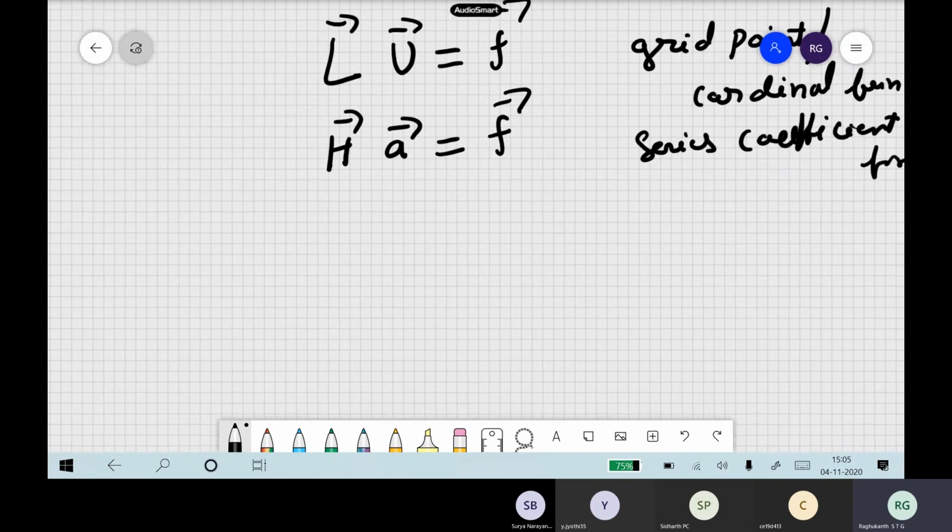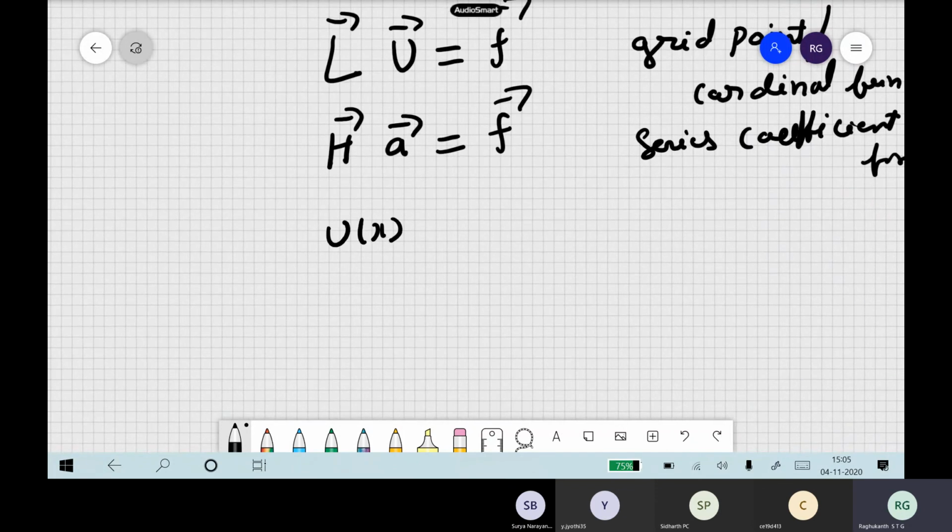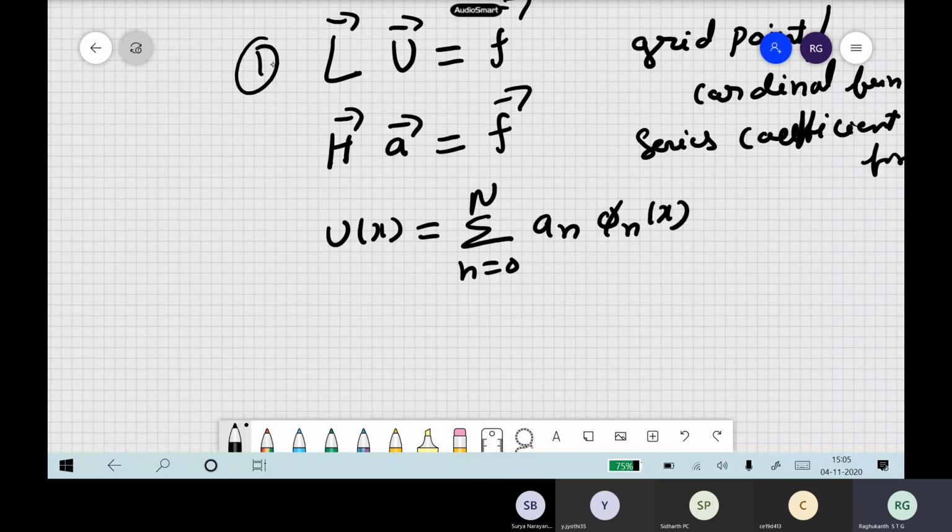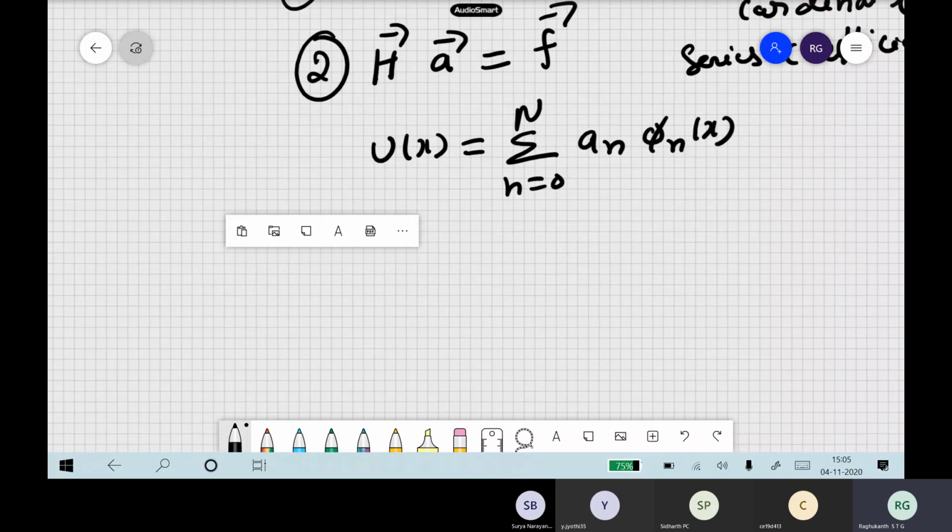As I already told you, u of x is the sum from n equals 0 to n of an phi n of x. This is one alternative, and the cardinal form is the second. The link between both is the same, but sometimes one is advantageous, sometimes the other.